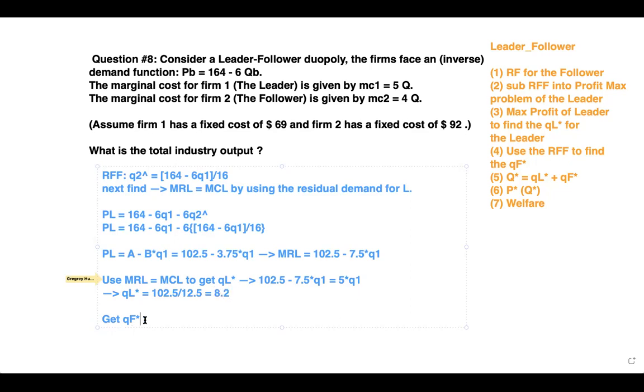And what about this next step? How about Tommy? You want to come back and help us out with that one? I got 7.175. Okay, 7.175. And what about you, Miles? Do you agree?